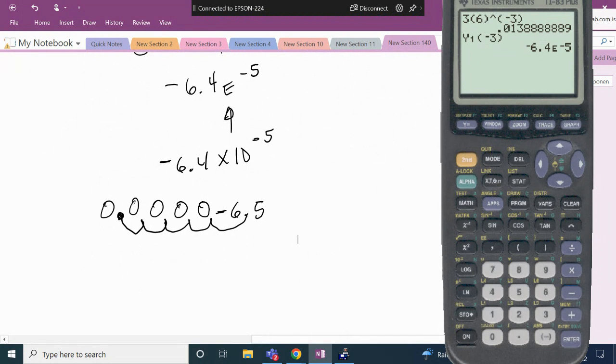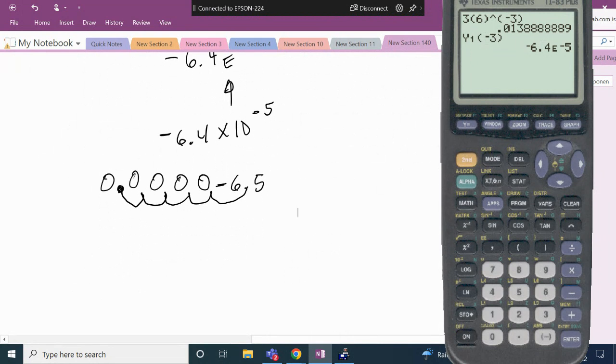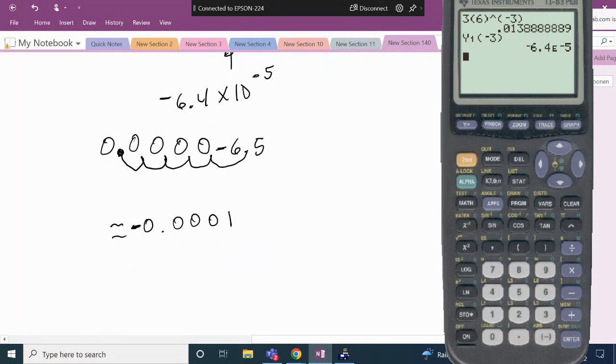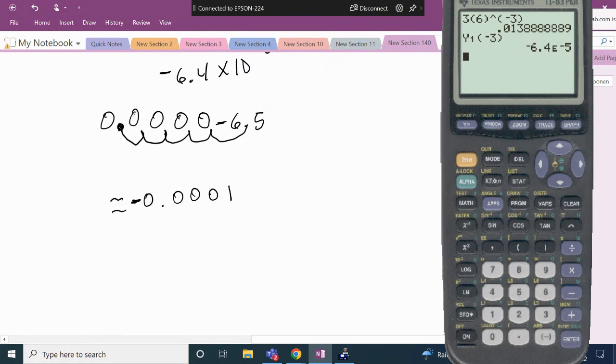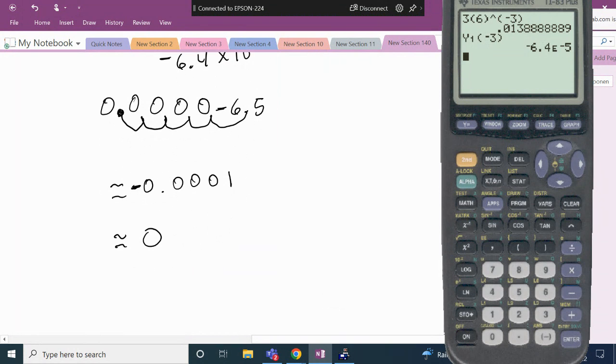Right, and if we were to round to the nearest 4 decimal places, we would get 0.0001, because if I look one place to the right, that 6 is larger than 5, and this would be negative. And I have negative 0.0001, which in essence would be 0. All right, 0 is neither negative nor positive.